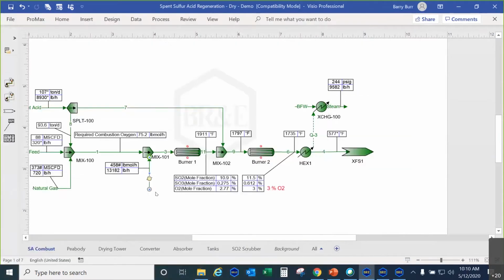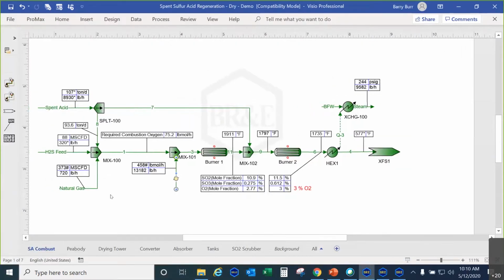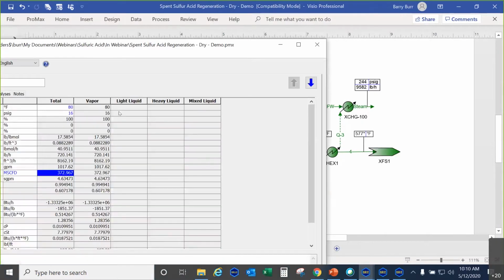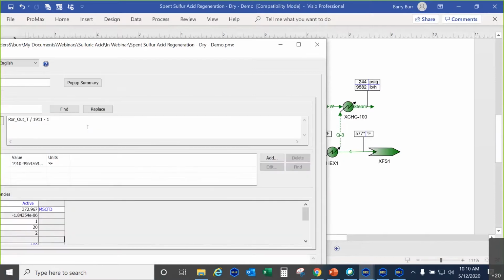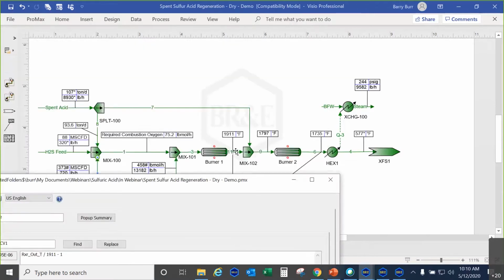And we also have a natural gas flow rate solver. Its objective is to make sure that we have 1911 degrees at the outlet of the first burner.